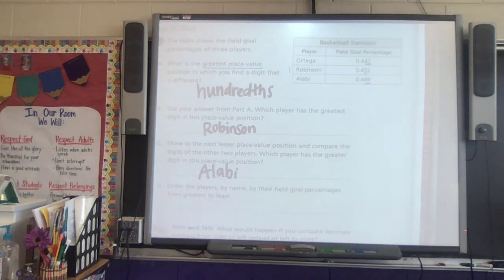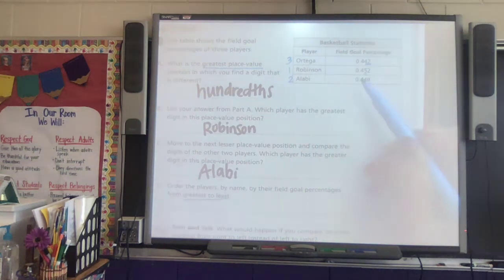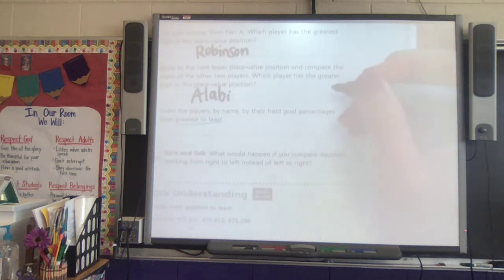So order the players by name, by their field goal percentages from greatest to least. Okay? I knew Robinson was the biggest, then Alibi, then Ortega. I'm going to write over here to the side where I've got some more room.